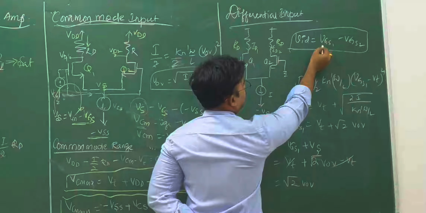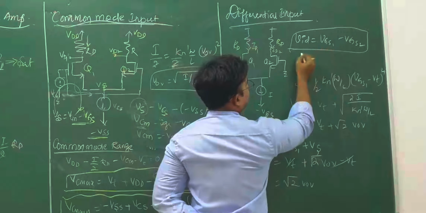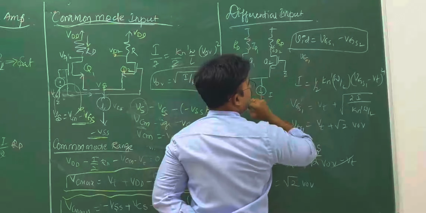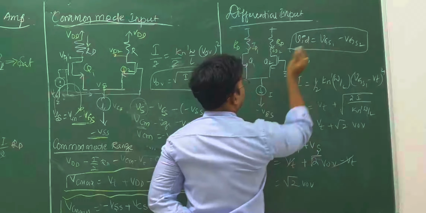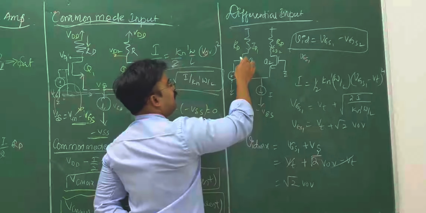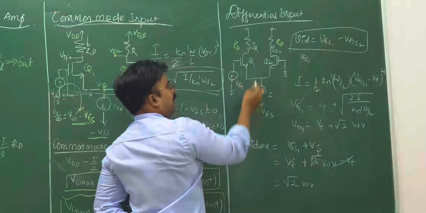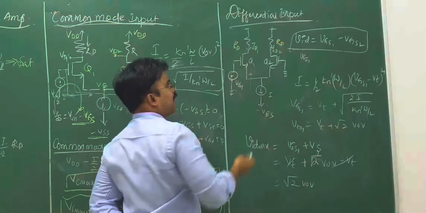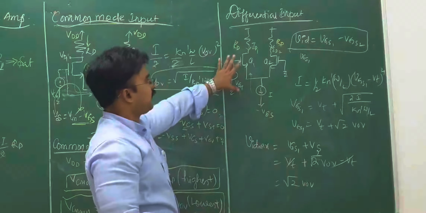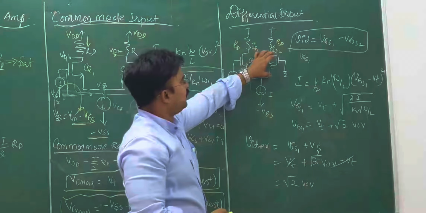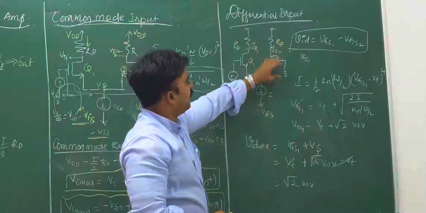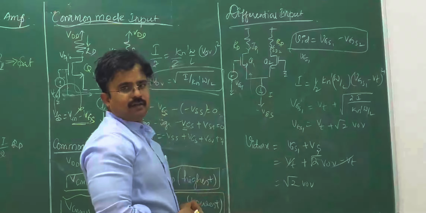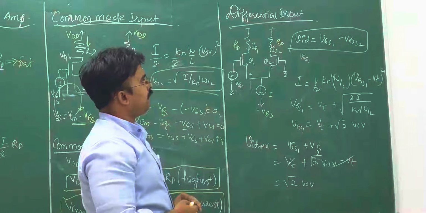From this equation, case 1, when VGS1 is greater, obviously the transistor is more biased. The current will start flowing more towards the first transistor, and the second transistor's current will start decreasing, so the output will be a positive value.